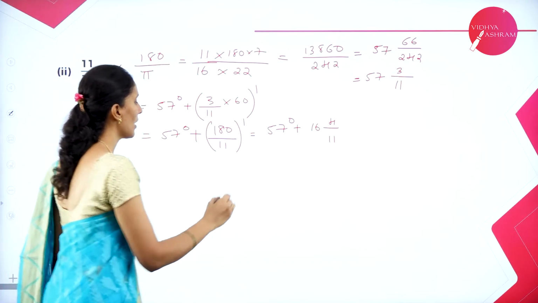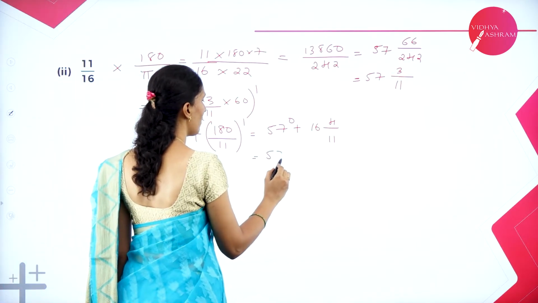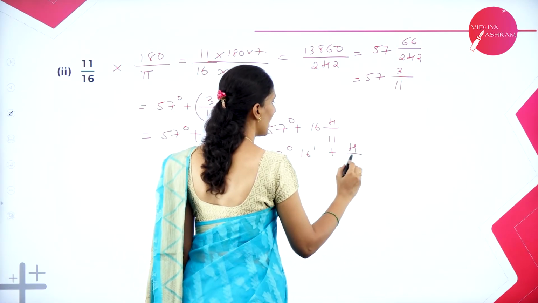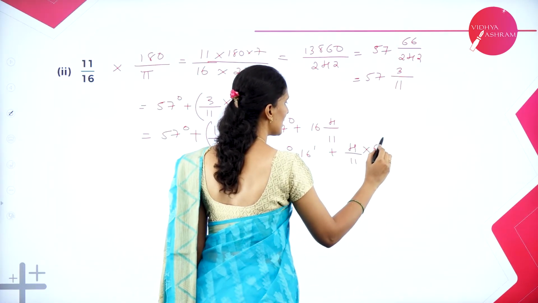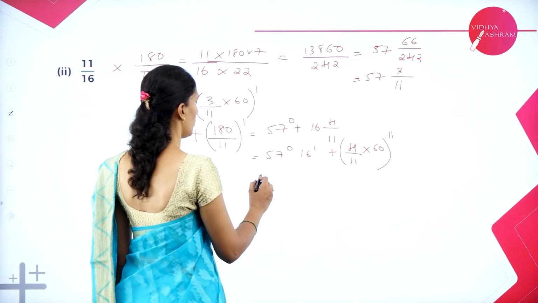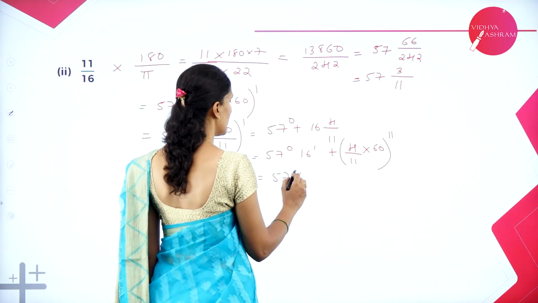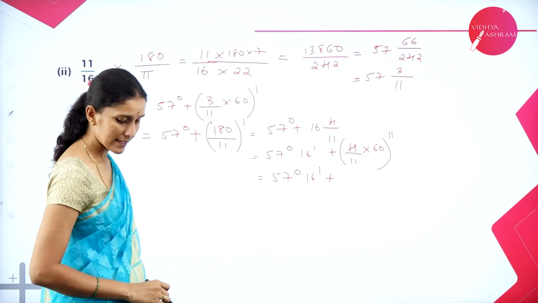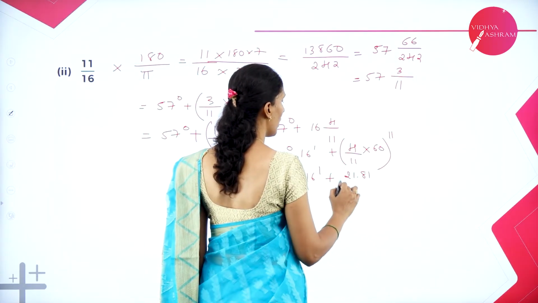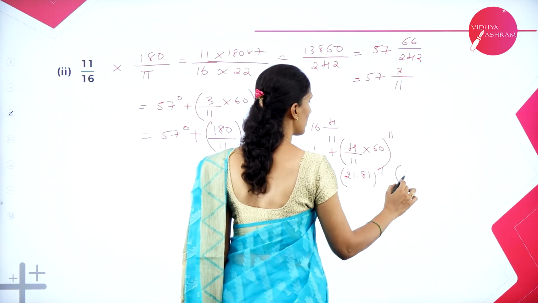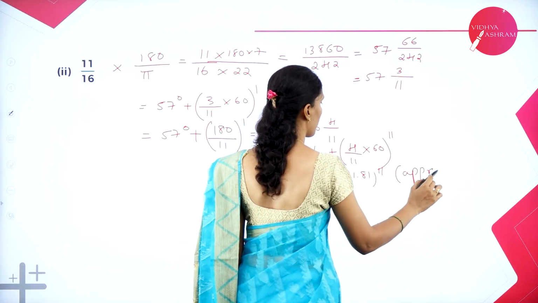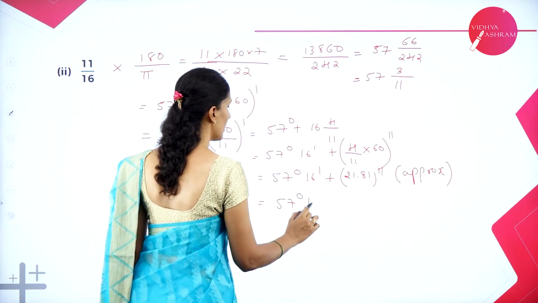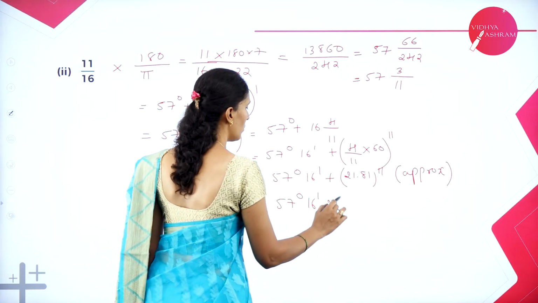Now again you can convert this into 57 degree, 16 minutes plus 4 by 11 into 60 seconds. So 57 degree, 16 minutes, and when you solve this, you will get 21.81 seconds. So when you approximate this, your answer is 57 degree, 16 minutes, 22 seconds.